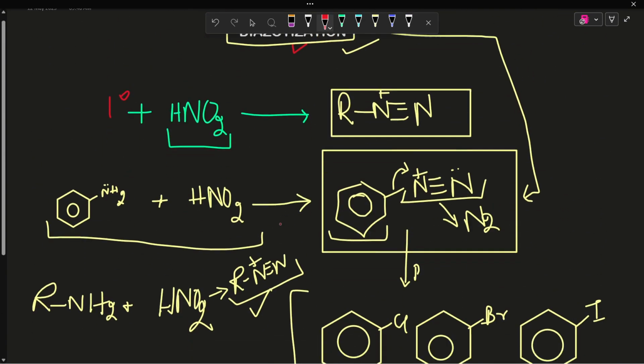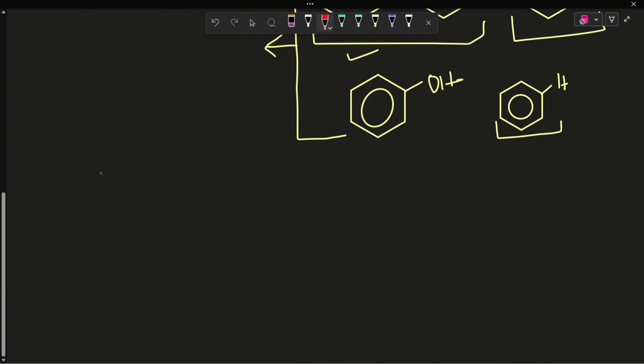Now let's see the mechanistic portion. The first thing that you've got to remember is that this HNO2 in this reaction is not added from outside, it's generated in the reaction mixture by some other reaction, and that's called in situ addition. Fine. Now what is in situ addition?